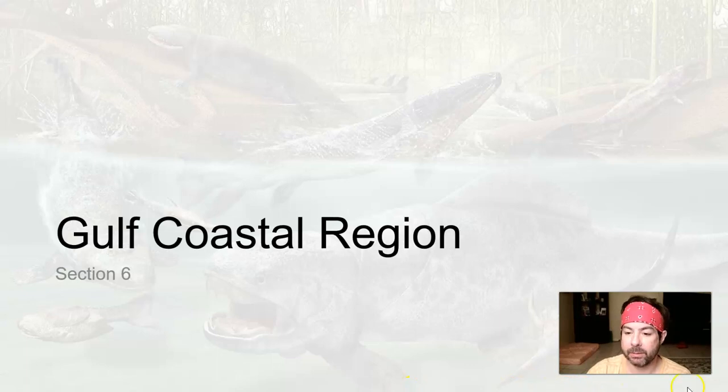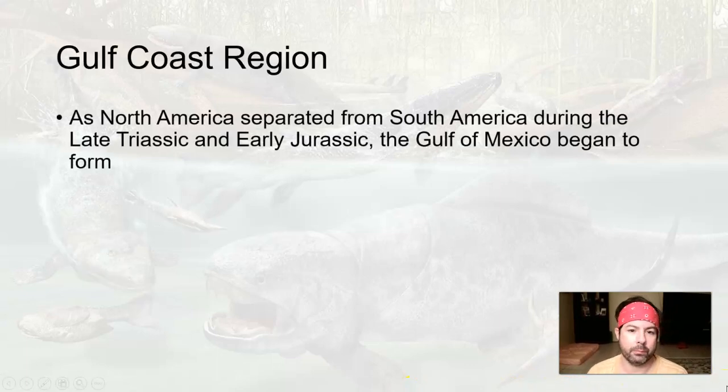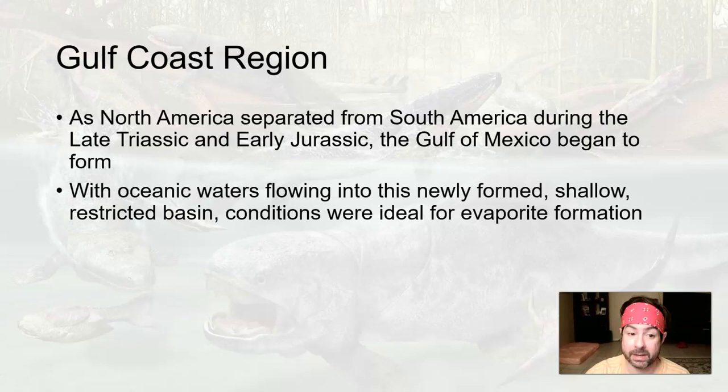Okay, let's talk about what's going down on the Gulf Coast. As North America, as we turn our attention to the southern end, was separating away from what is now South America, during the Triassic and Jurassic, the Gulf of Mexico began to form, with oceanic waters flowing into this area that's being extended and pulled apart as these plates move away from each other.